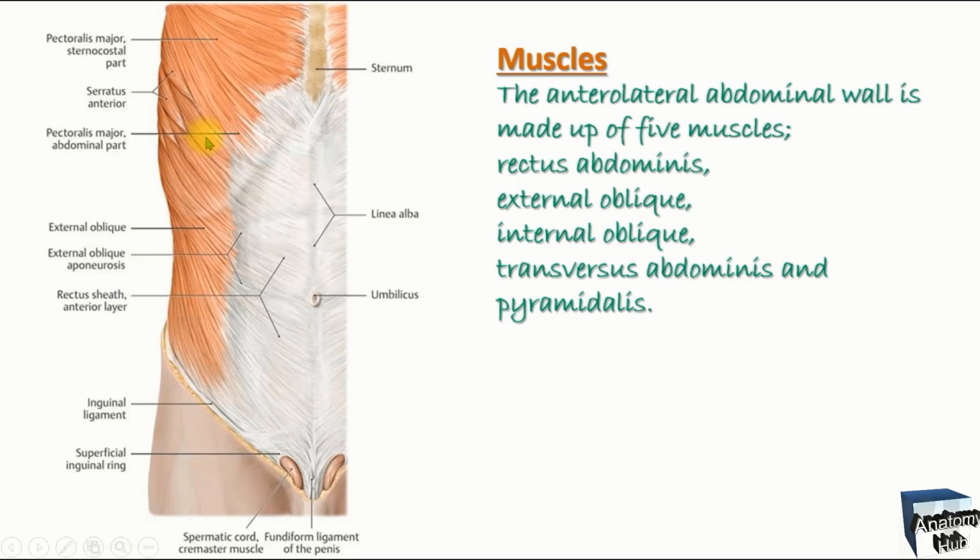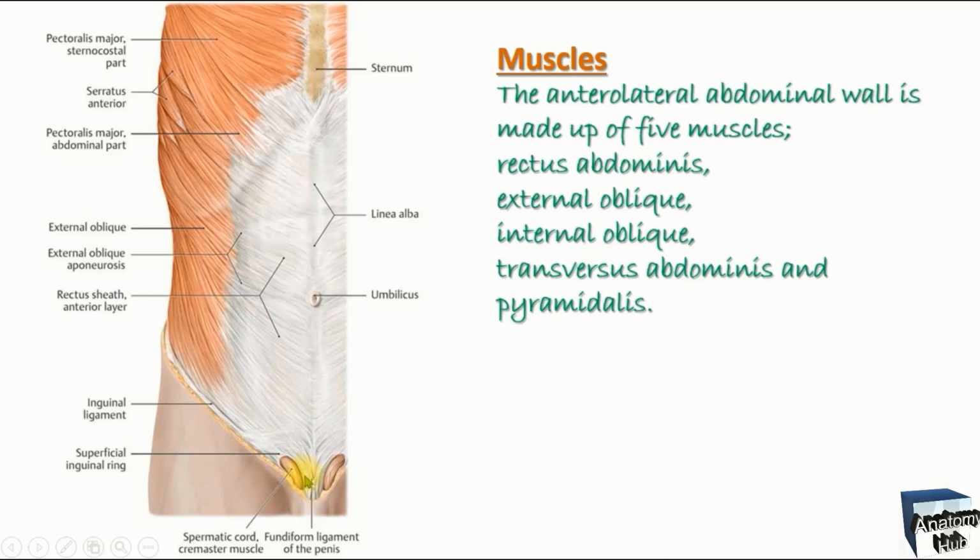So this external oblique muscle that you can see over here, that is actually the thickened inferior edge of the external oblique aponeurosis that forms the inguinal ligament over here, which attaches laterally to the ASIS, or you can say the anterior superior iliac spine, and medially to the pubic tubercle of the pubis, right? That you can see over here.